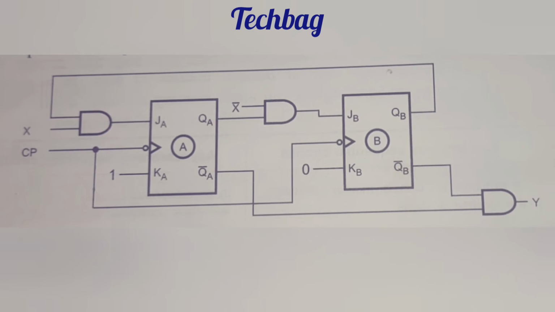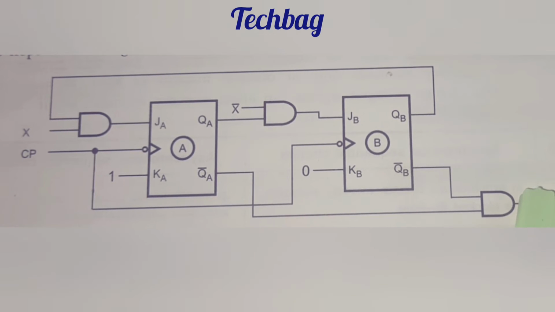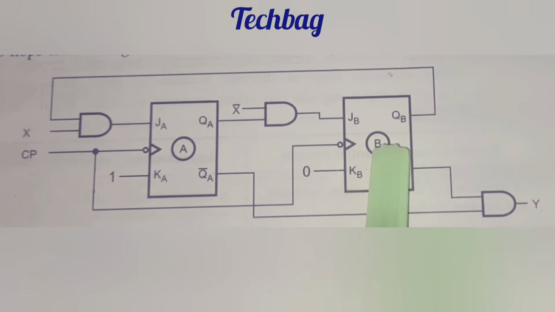I will show you one example. This is an example of Moore circuit. Here this Y is the output and this Y depends upon the present state of A and B. Here A and B are the flip-flops, that is memory elements, and here Y depends upon the present state of A and B only.